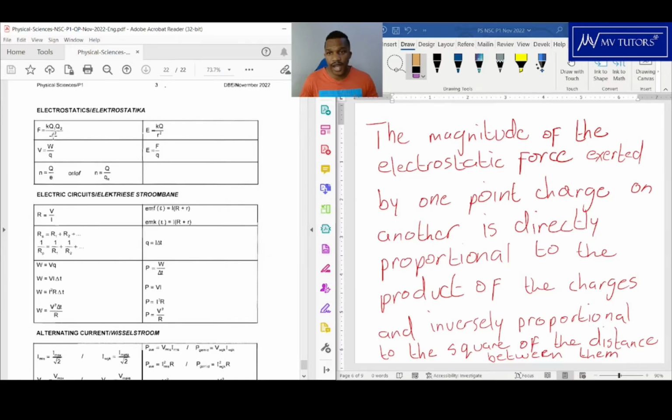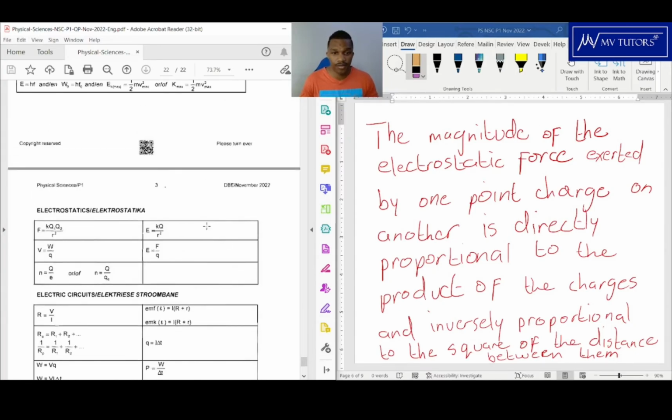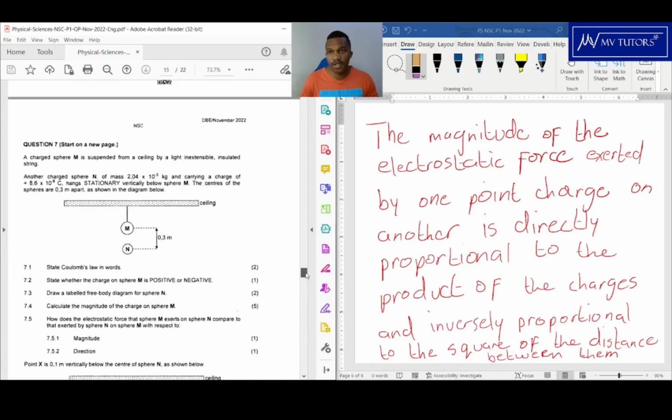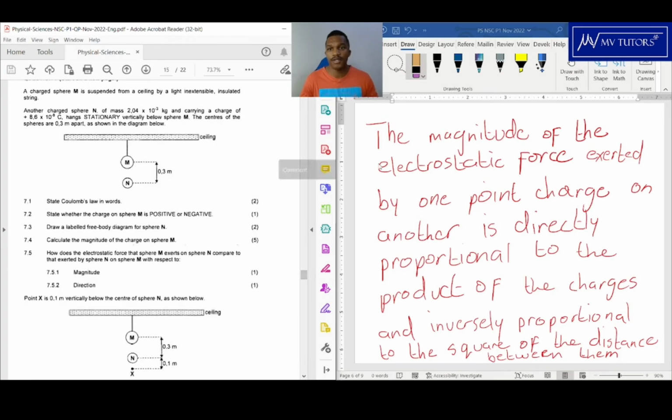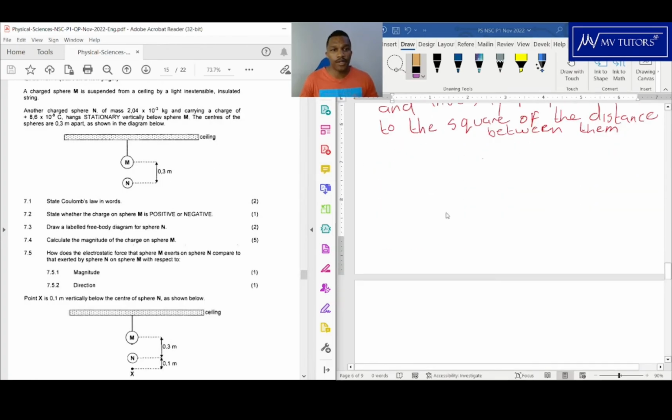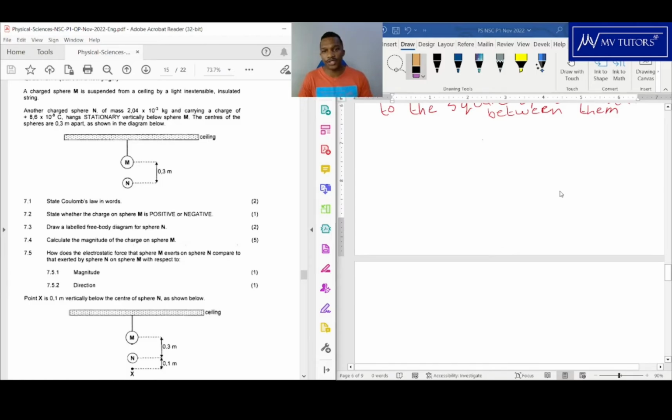That r squared is the distance between the point charges. So you're basically just describing the formula as it stands. It's purely theoretical work at this point, so I would like to move into the next question.